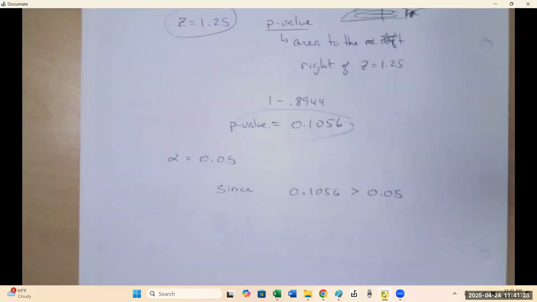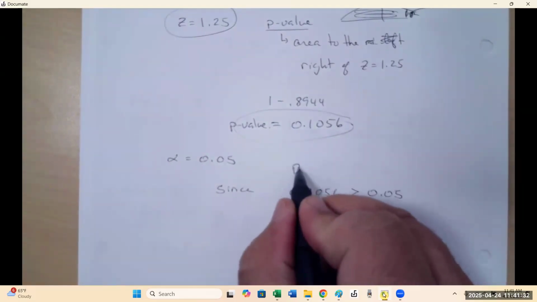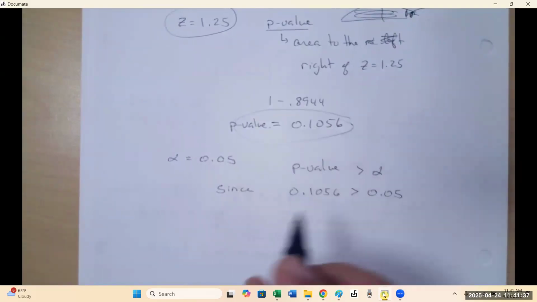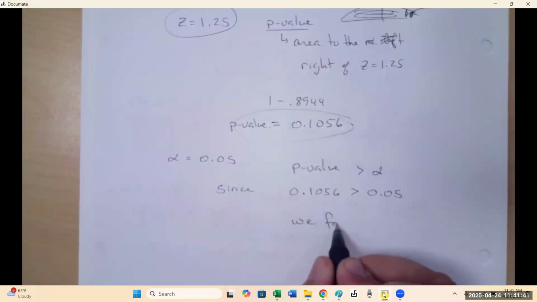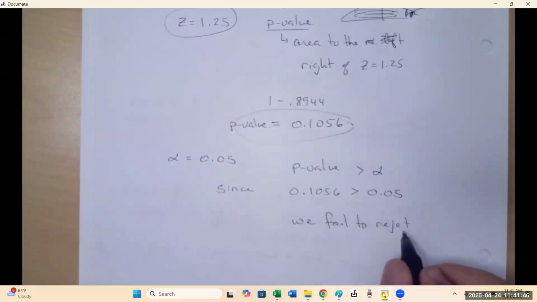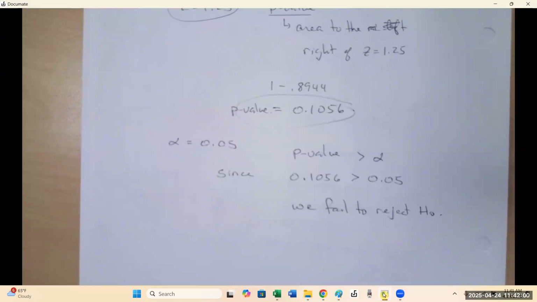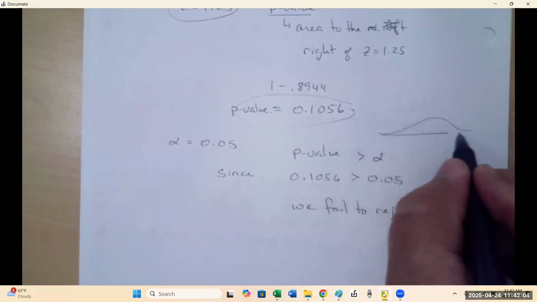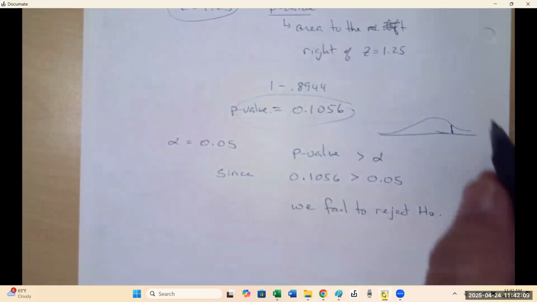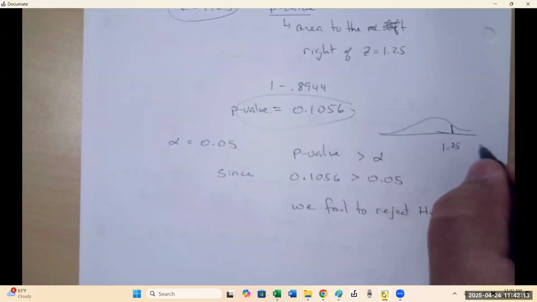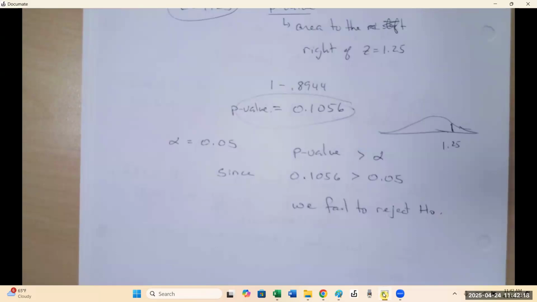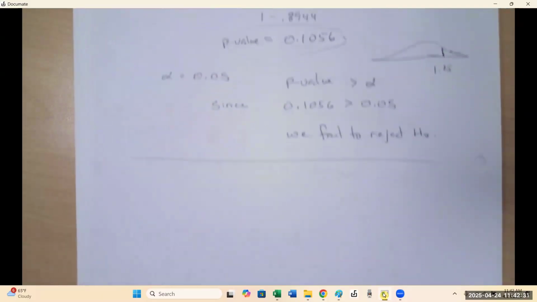That's our p-value. Since our p-value is greater than our alpha, then we fail to reject it. That was using the p-value method.